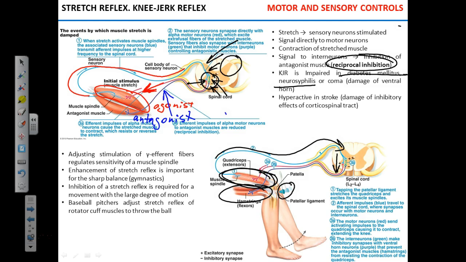Okay? The opposite, stroke. In the stroke, if the inhibitory effects of the corticospinal tract are absent, then instead of a little jerk, it's going to be a massive jerk. In really little kids, knee-jerk reflex may be absent.